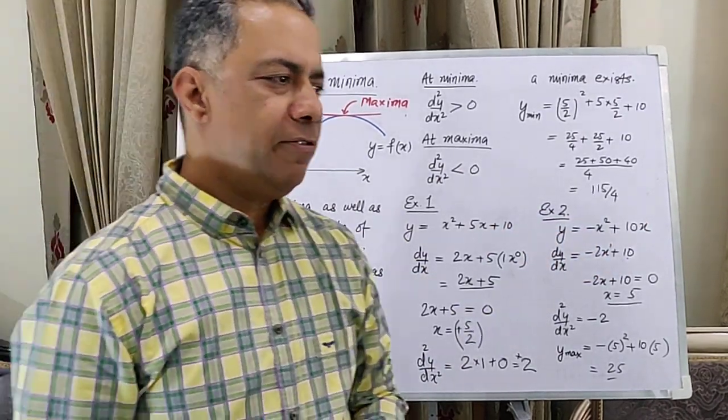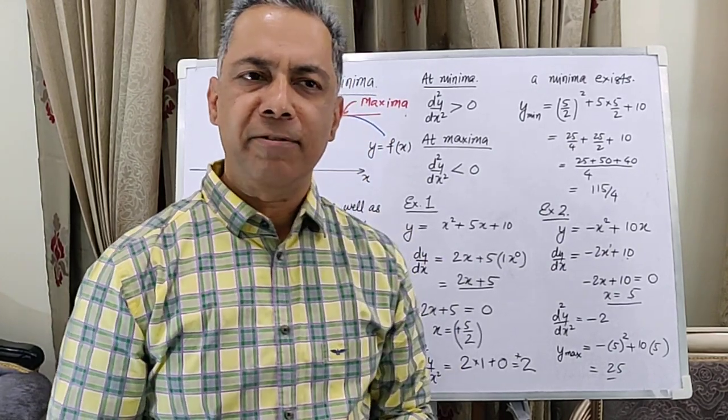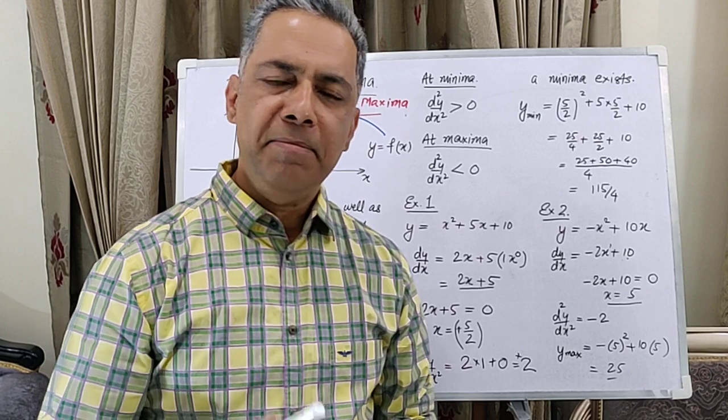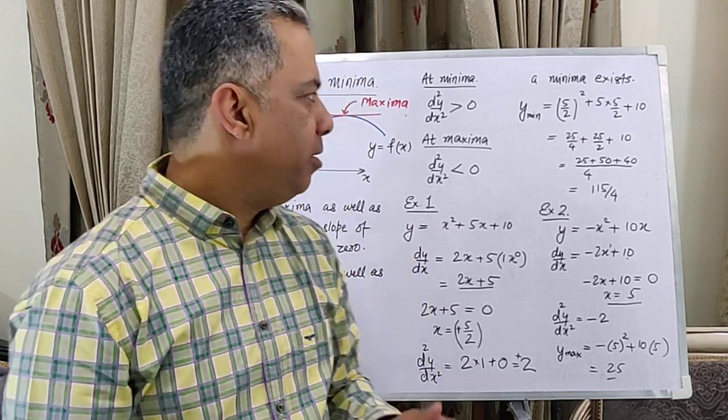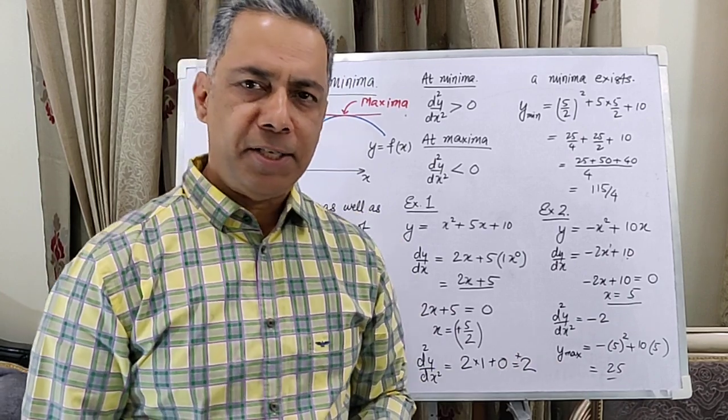So here what we've done is we've learned how to calculate the maximum value of a function, we've learned how to calculate the minimum value of a function using the method of differentiation.